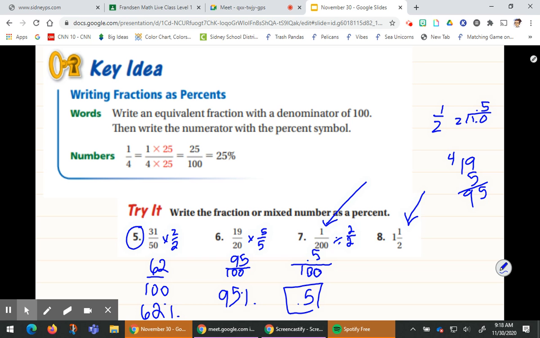So 2 over 2. So it's 100. So 1 over 2, if I multiply both the top and the bottom by 50, right, I get 50 over 100.